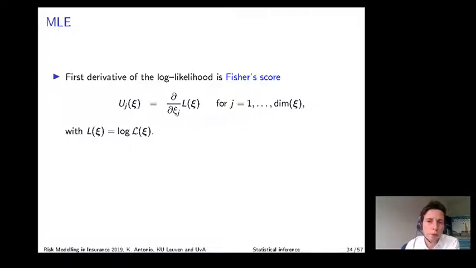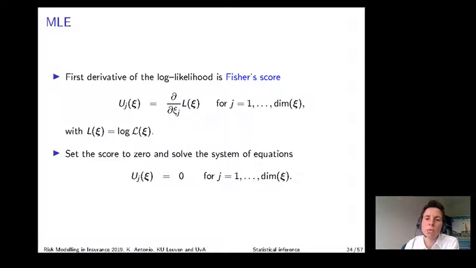We call those derivatives the Fisher score. We put them together in the Fisher score vector U. Set this score to 0 and solve the system of equations to find the MLEs, right?